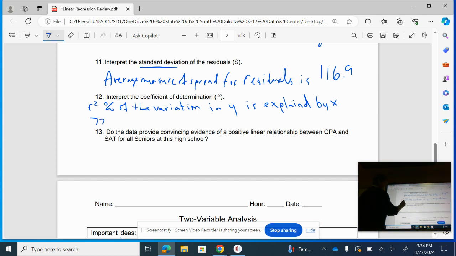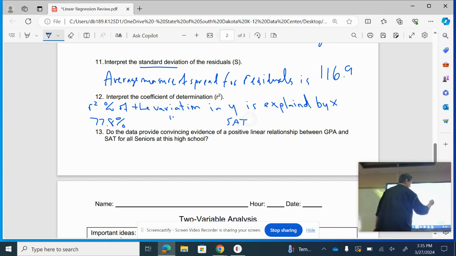It should be 77.8% of the variation in SAT is explained by GPA.